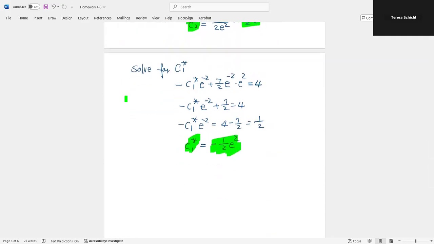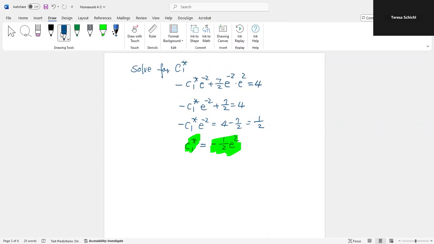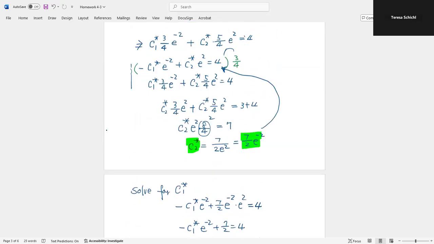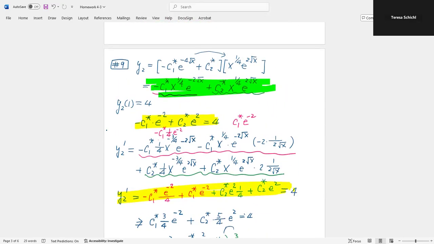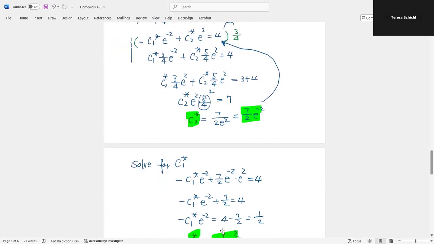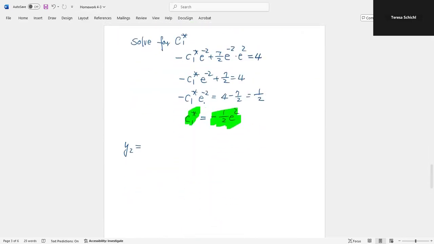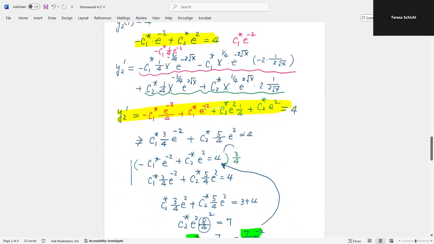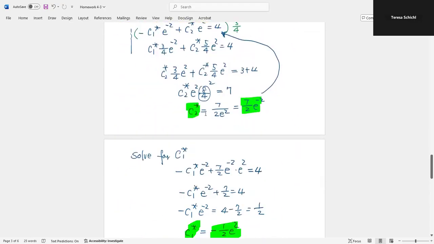So my final solution, y2, will be, okay, C1. So here, look, negative C1. Okay, negative C1. So positive, negative, negative, positive. So negative C1 is 1/2 e to the second, times x to the 1/4, e to the negative 2x.